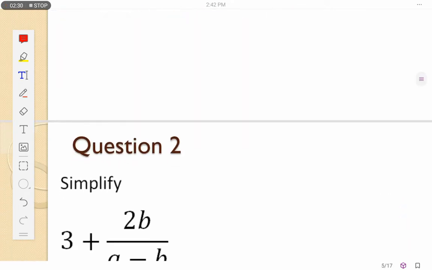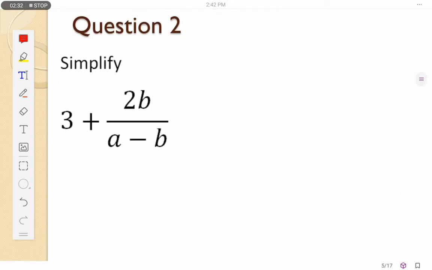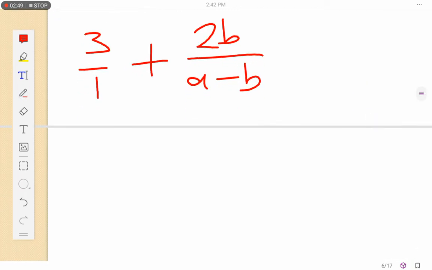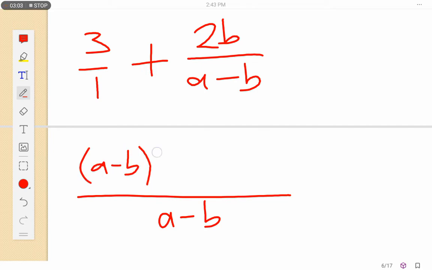Let's have another question. Here we've got a 3, which is a whole number. We can rewrite it as 3 over 1, it's one and the same thing, plus 2B over A minus B. So I can find the lowest common multiple of these two, which is A minus B. I'm going to multiply the first item, by A minus B, by 3.